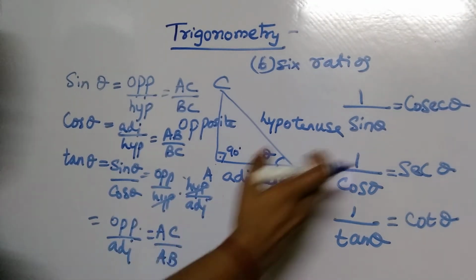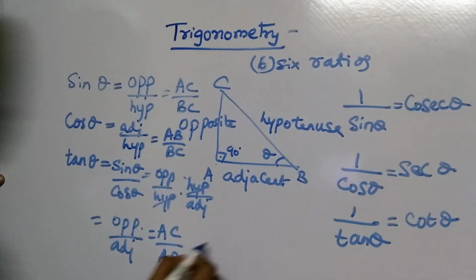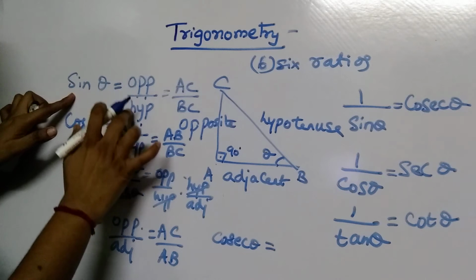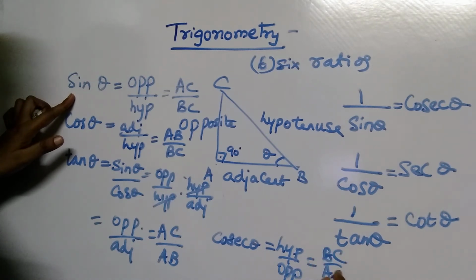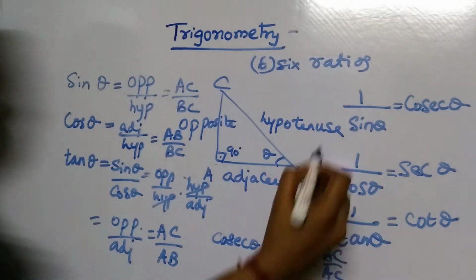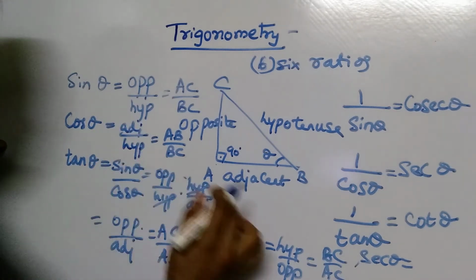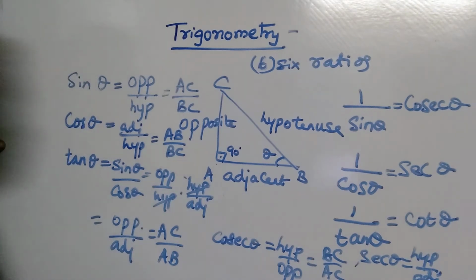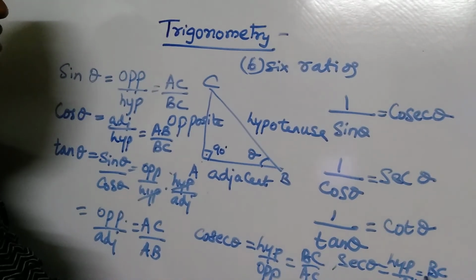Now the reciprocals are the cosecant, secant and cot. Cosecant theta will be the reciprocal of sine. If sine is opposite by hypotenuse, then cosecant will be hypotenuse by opposite, that is BC by AC. Secant theta will be the reciprocal of cos. If cos is adjacent by hypotenuse, then secant will be hypotenuse by adjacent, that is BC by AB.